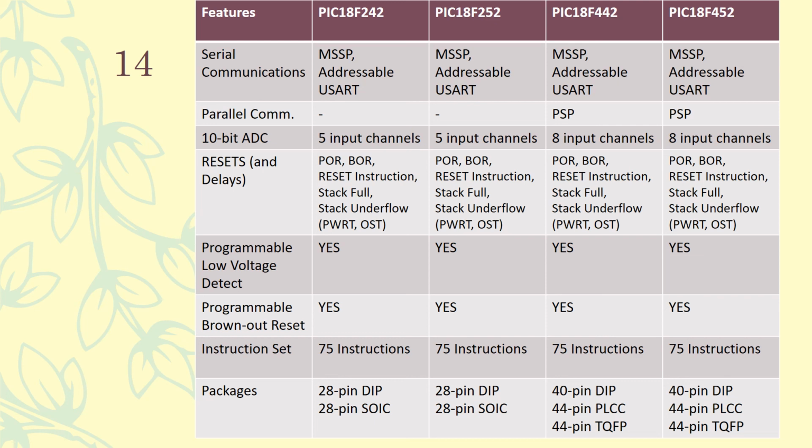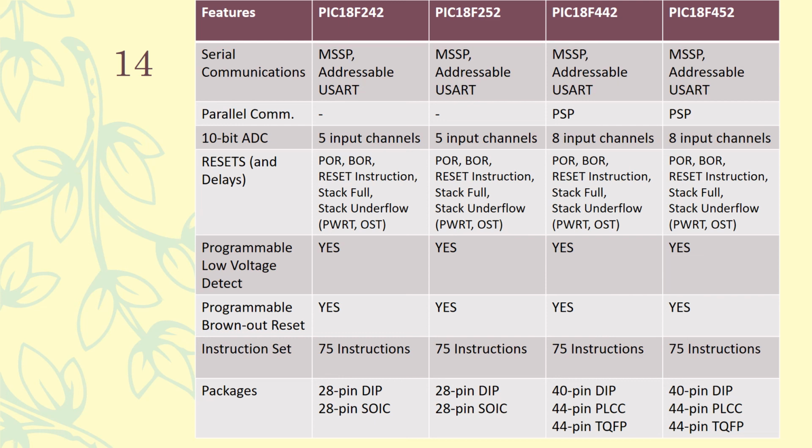Then programmable low voltage detect, this feature PLVD we used to call it, LVD feature we conventionally prefer. So this is available in all of these 4 members. Brownout reset is available in all of them. Instructions, 75 instructions are there, and as far as package is considered, then 28 pin DIP, 28 pin SOIC package for PIC 18F242 and PIC 18F252.